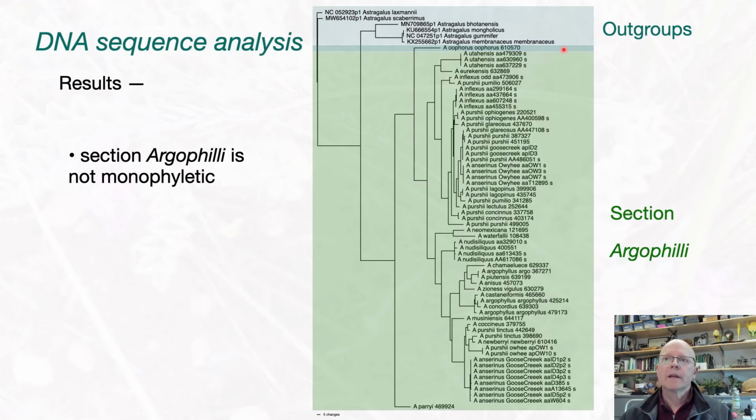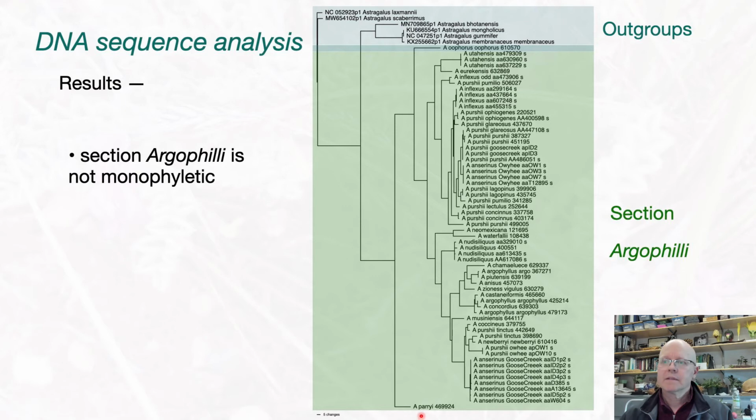So for the parsimony analyses, we recovered a number of most parsimonious trees, but they're really pretty similar to each other and differ only in these really short branches here. Our outgroups are Old World species of Astragalus, and we included Astragalus oophorus, which is supposed to be outside of section Argophyllae.